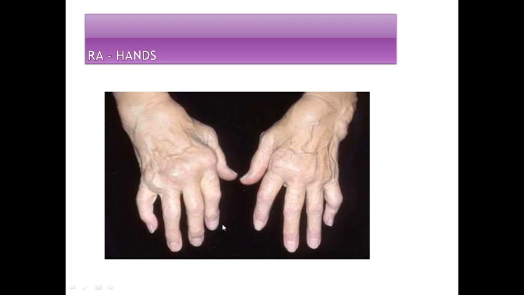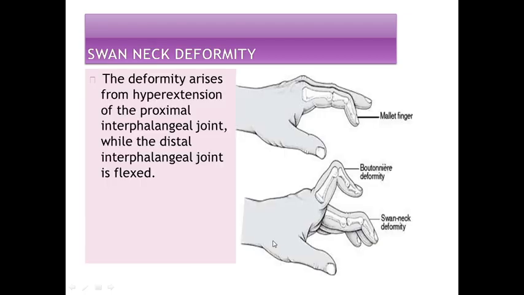Also, a prolonged course can result in the deformities of rheumatoid arthritis, and sometimes different kinds of deformities may occur, like for example swan neck deformity, which arises from hyperextension of the proximal interphalangeal joints while the distal interphalangeal joints are flexed.